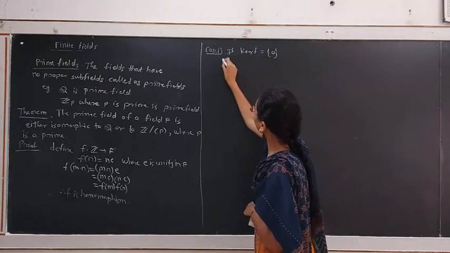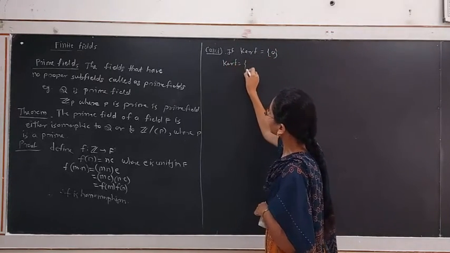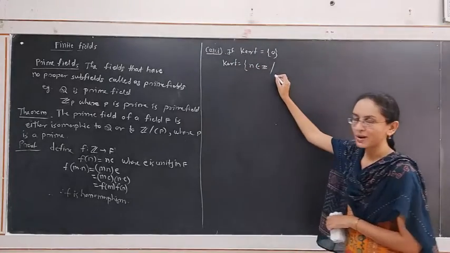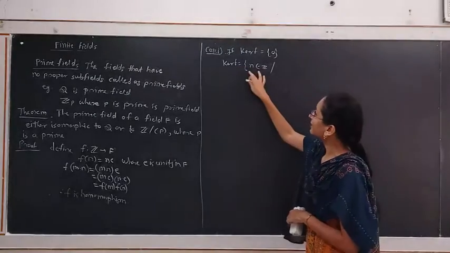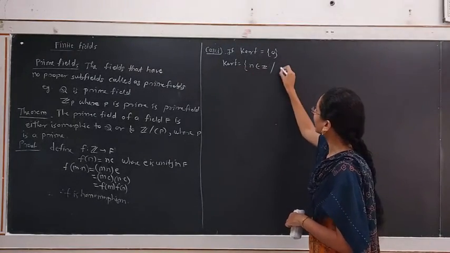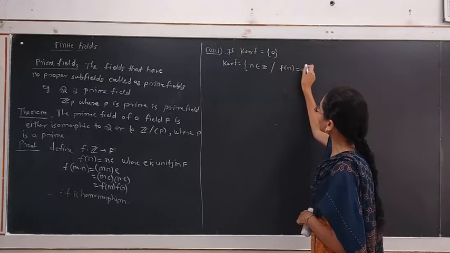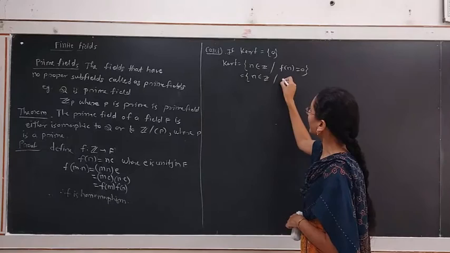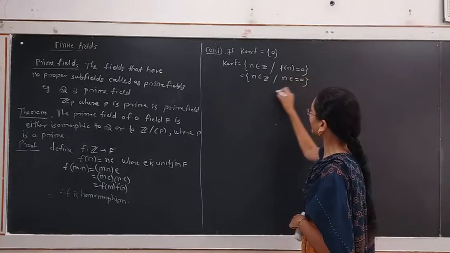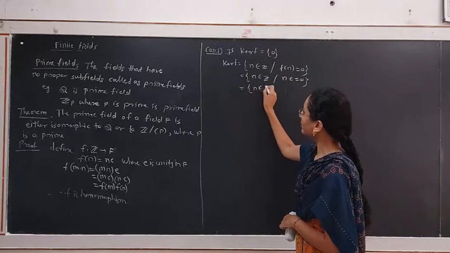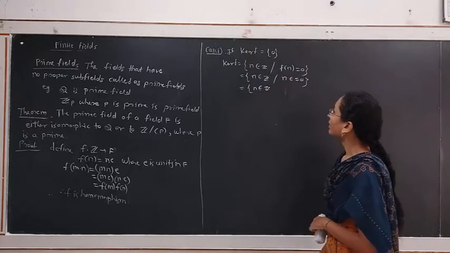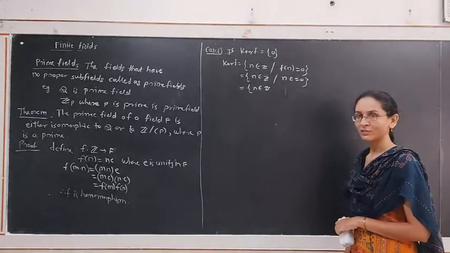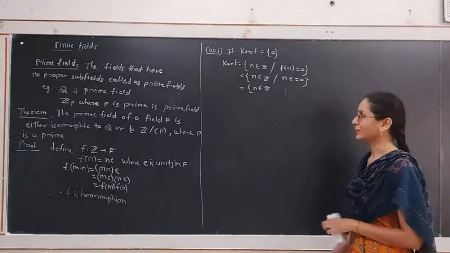What is this kernel of f? It is the set of all n belonging to Z where f(n) = 0. This is the set of n in Z where n·e = 0. Since e is a unity in the field F, e is not equal to 0, hence n = 0.